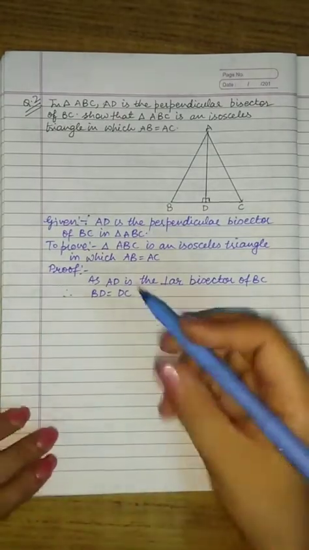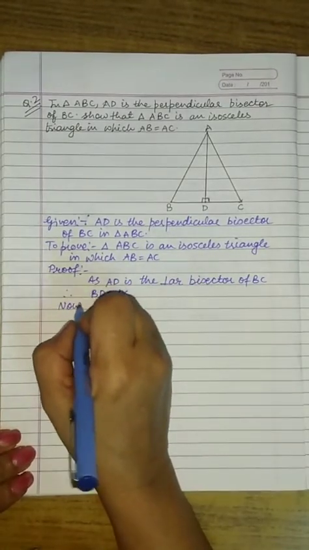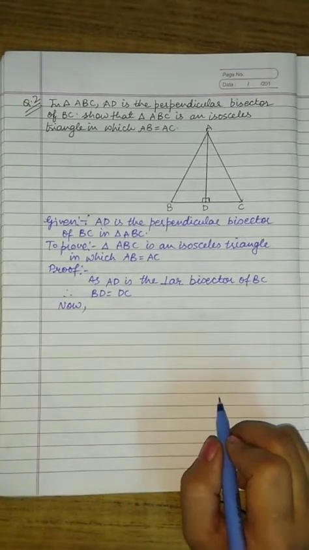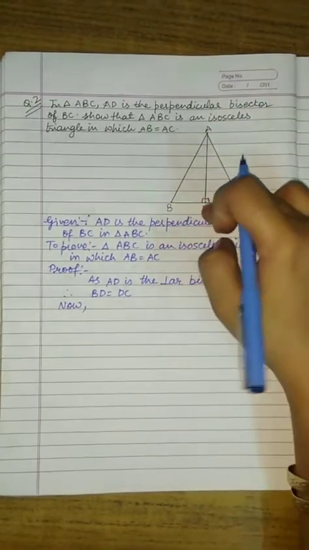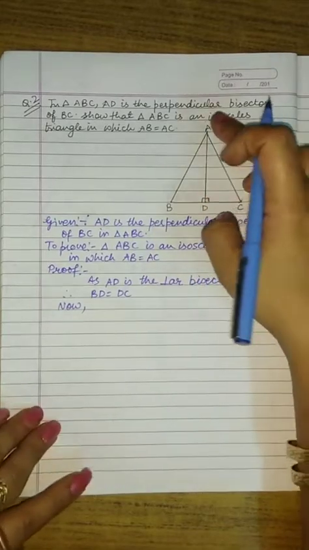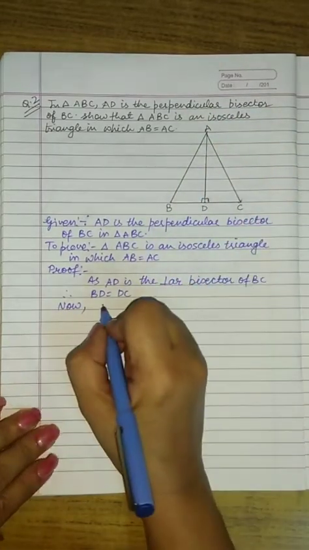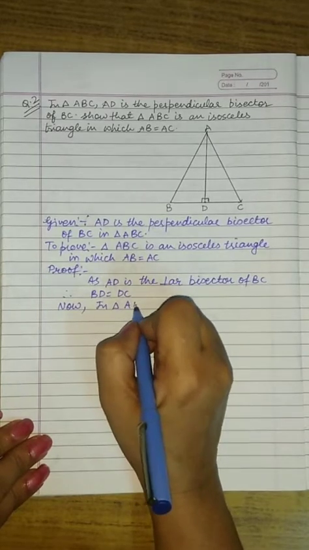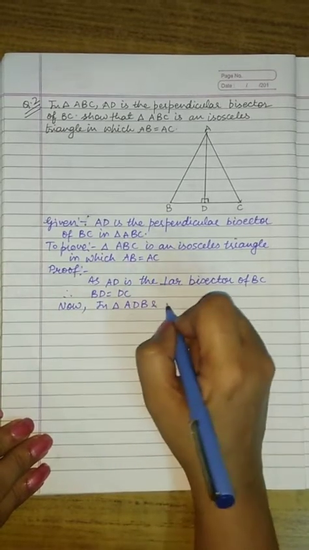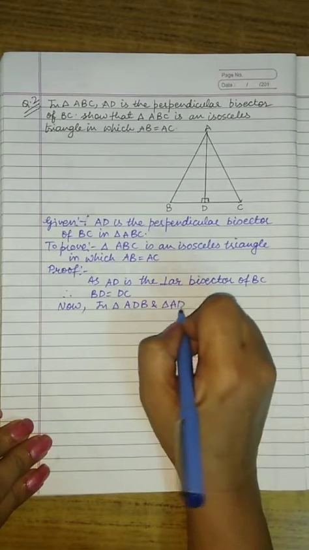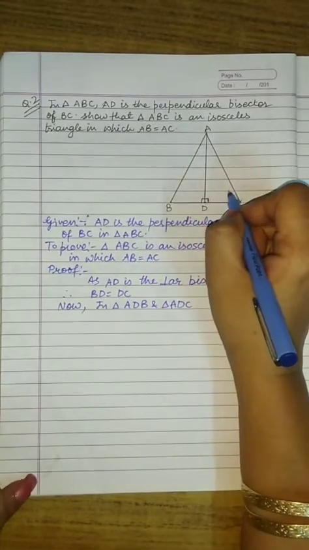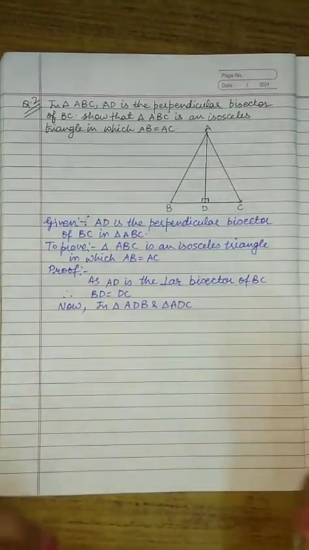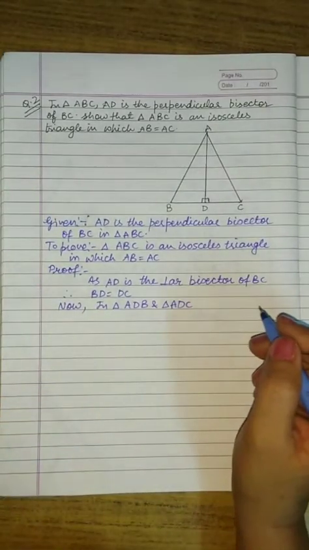Now we will take two triangles ABD and ADC. Now in triangle ADB and triangle ADC, we are taking these two triangles and we will make them congruent by any congruency criteria which is appropriate in this question.